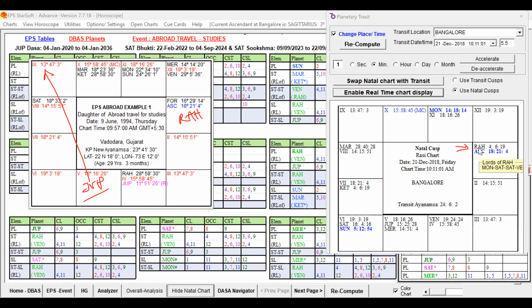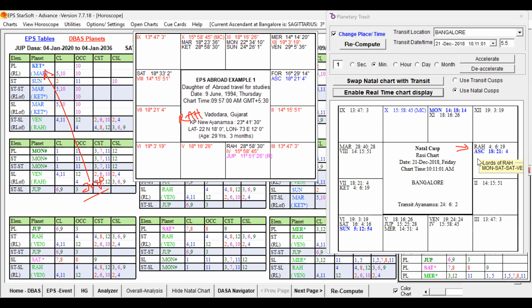So Rahu ruling in the star of Saturn or sub of Saturn is not a strong favorable key planet, but being in the star of Rahu, that is a good key planet. So that way the transit is also supportive. In the sign of Moon, which is a good key planet, that is also favoring.